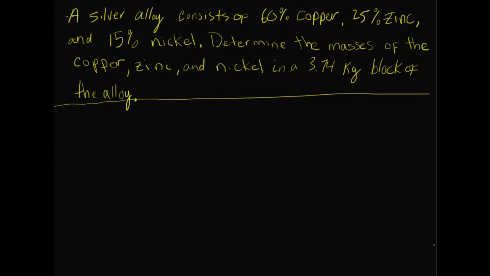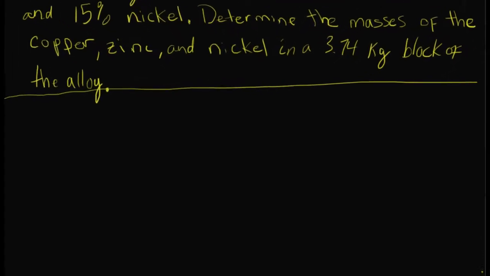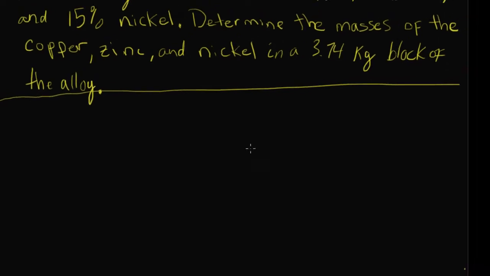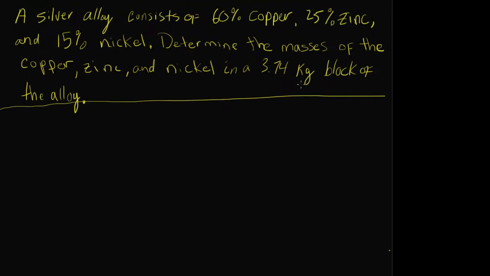Basically, they give you some object with some mass, or some, doesn't really matter what it contains as long as you're finding the proportions, but in this case it's mass, and the total mass of the object is 3.74 kilograms, and they want you to find the mass of the copper, zinc, and nickel, which copper takes up 60%, zinc takes up 25%, and nickel takes up 15%.